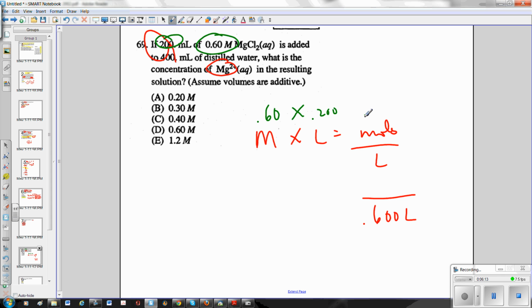So my moles are going to be 0.12. Then I take 0.12 moles over 0.6 liters, divide that, and you're going to get 0.2. So remember, molarity is always moles over liters. We always go molarity times liters gives me moles. I take the new volume, which is going to be 600 because of the 200 and the 400.